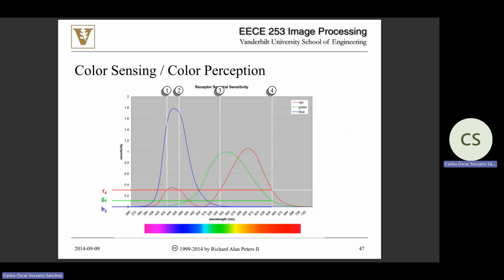The height here tells you the firing rate of each one of the cells. And this is the wavelength of light. Light of this wavelength has this color, and light of this wavelength has this color.